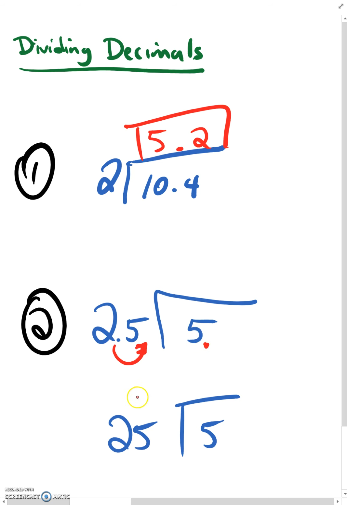So if we move this decimal one space to the right, then we would have to move this decimal also one space to the right. Remember, when we move a decimal and there's no number there, we fill this space with a 0. So this 5 becomes a 50.